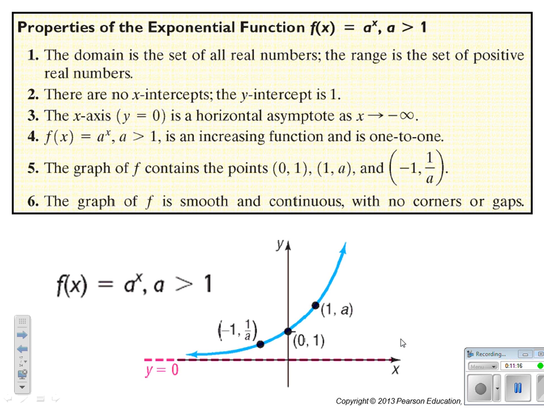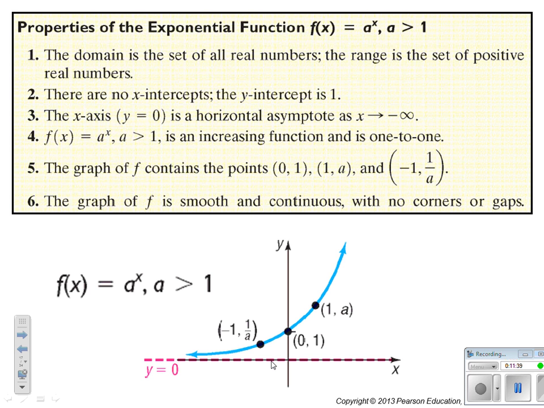The x-axis is a horizontal asymptote as x gets closer to negative infinity. The graph contains the points 0, 1 and 1, a, whatever your base is, and negative 1, 1 over a.